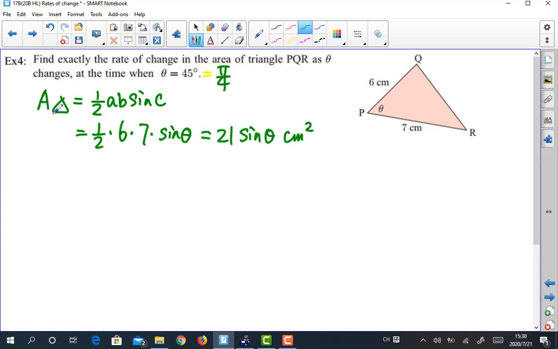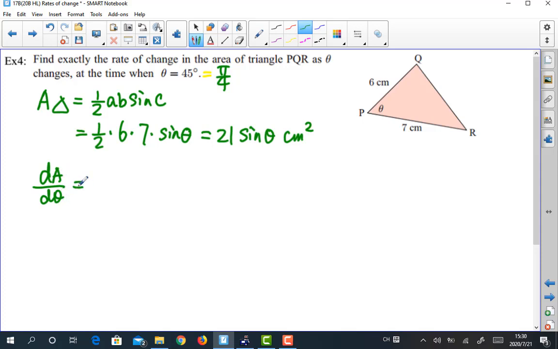So this is the area of the triangle versus the angle theta. Theta changes, the area changes accordingly. So what is the rate of change in the area of this triangle? We need to find the first derivative of this area function with respect to theta.